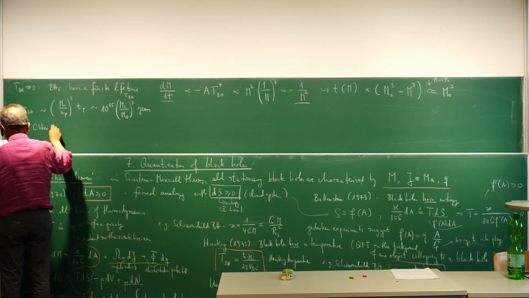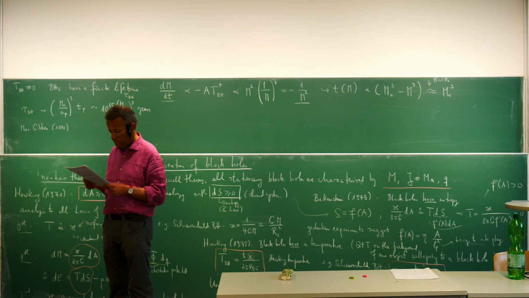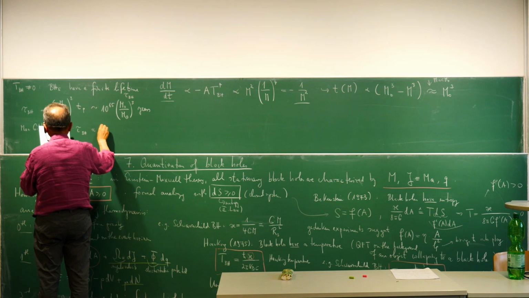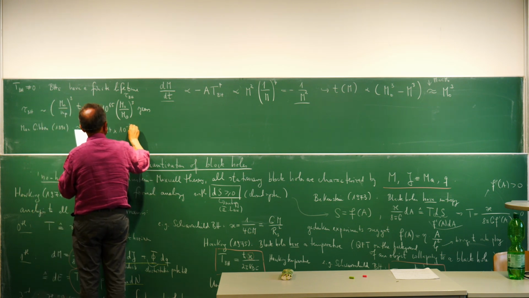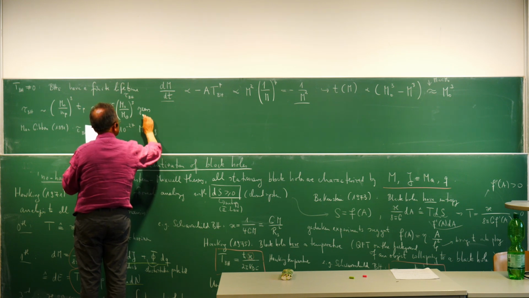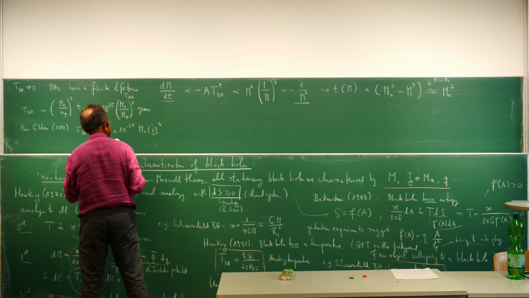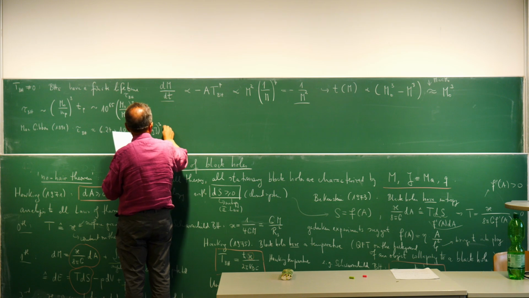So McGibbon calculated, on the basis of the standard model of particle physics in 1991, and she gave the result that TBH is approximately 6.24 times 10 to the minus 27 times the initial mass cubed, with the mass in gram cubed, times a function.